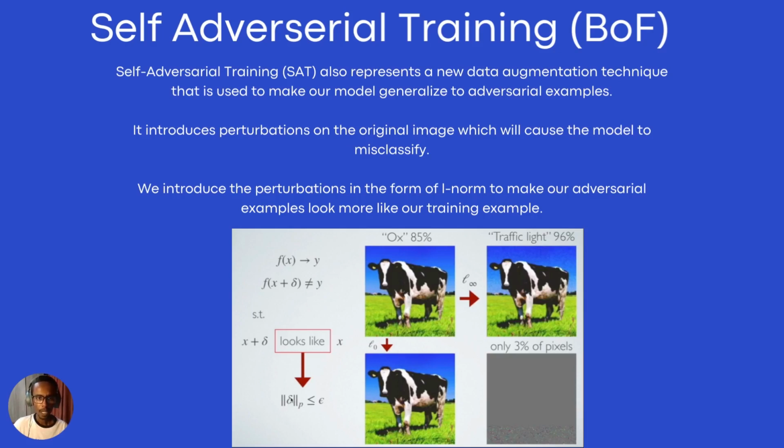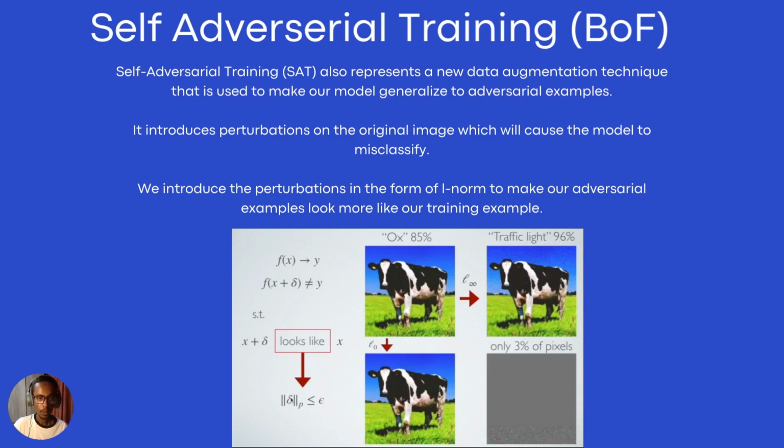For example, if you have an image containing an ox, and you put it inside a model, it gives you a prediction that it's an ox with 85% confidence. Then you introduce some small changes, known as perturbations, on the original image, and that will cause the model to misclassify the image.